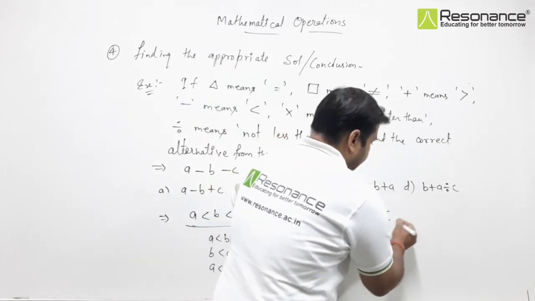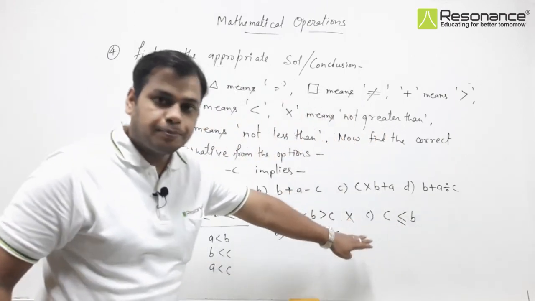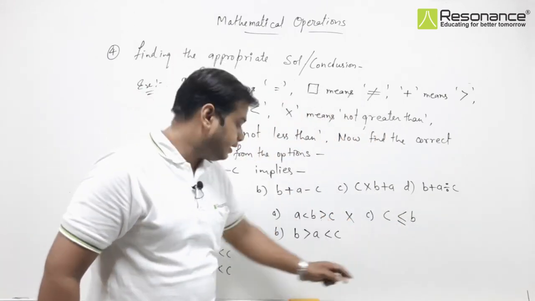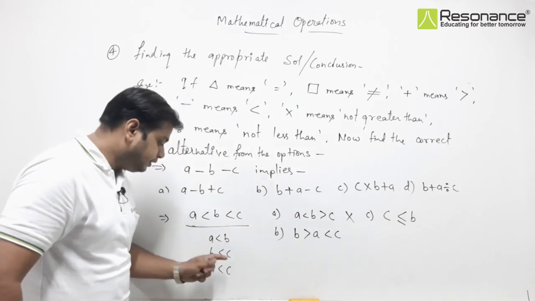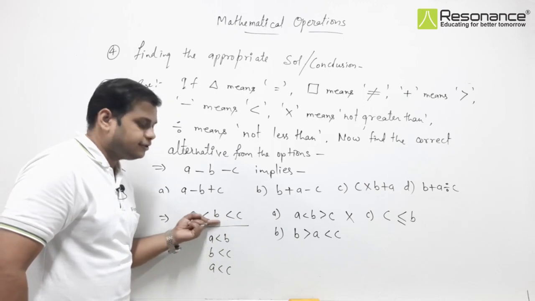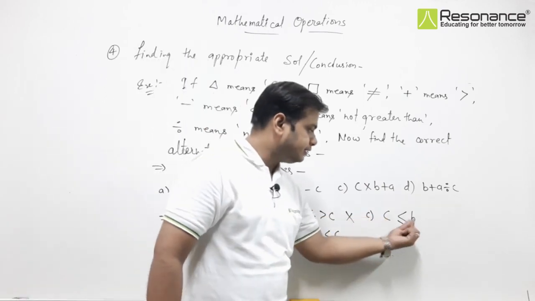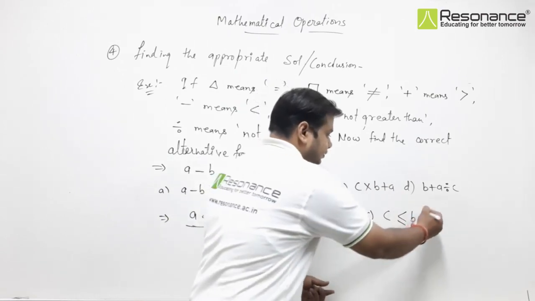So C is equal to or less than B, but that makes it wrong. Why? Because it is clearly given that C is greater than B, and this would show us that C is less than or equal to B. So option C becomes wrong.